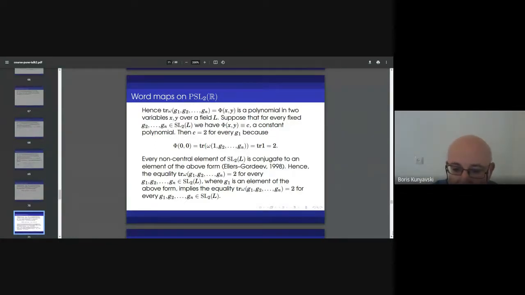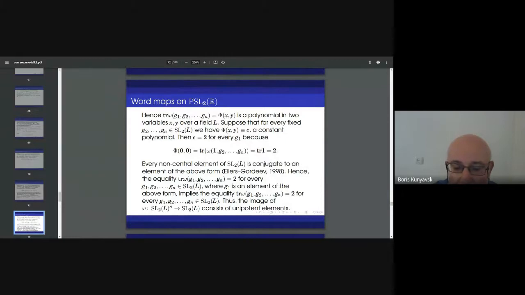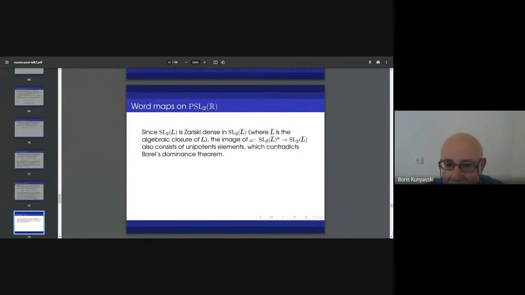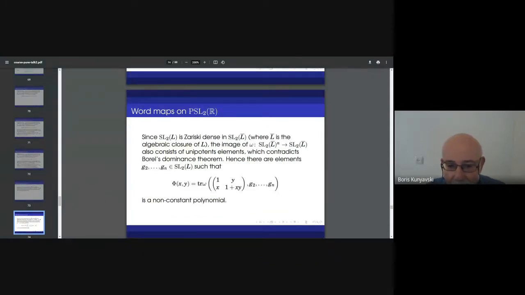And this is in contradiction with the Borel theorem, because when do we have trace 2? When the matrix is unipotent. We are in SL2. And the image cannot contain only unipotent elements, because in this case it would not be Zariski dense. So this would be in contradiction with the Borel theorem. So it is non-constant, and that's the proof of the lemma. Yeah, the first lemma is proved.